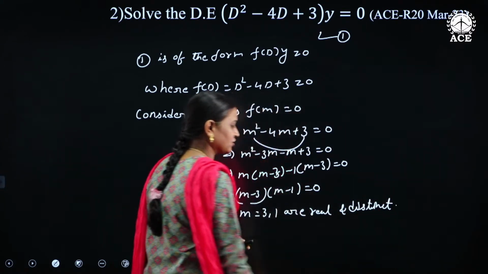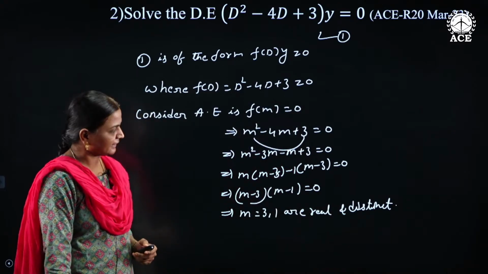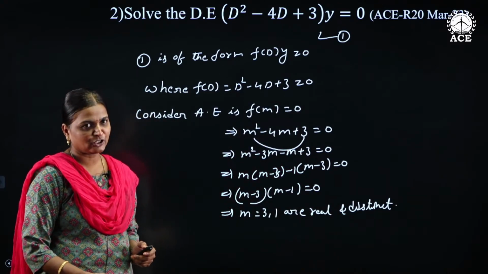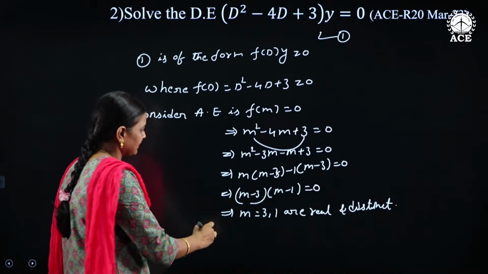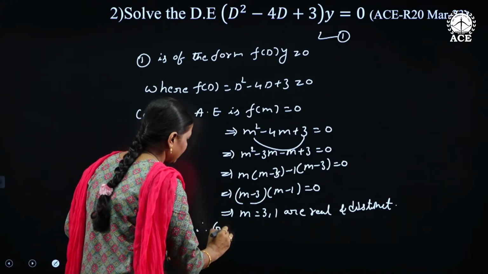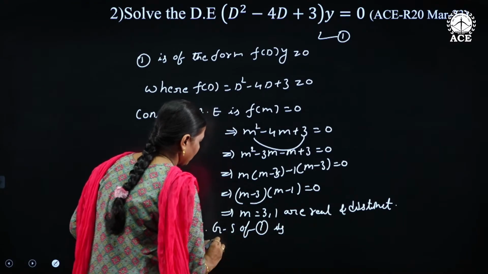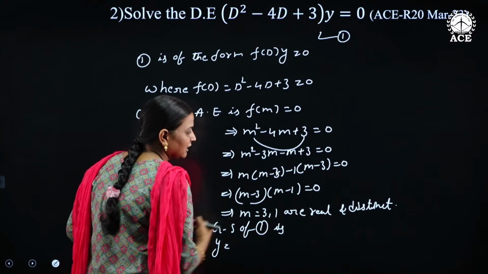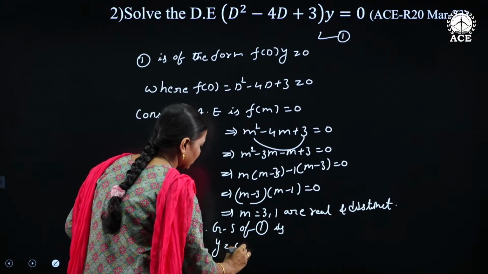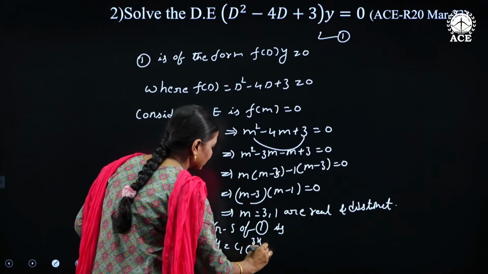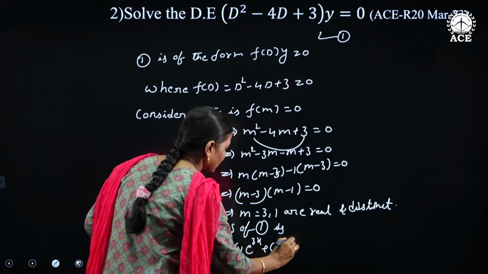Real and distinct. When the roots are real and distinct, how to write the general solution? It follows case 1. So the general solution of equation 1 is y is equal to c1 into e power 3x plus c2 into e power x.